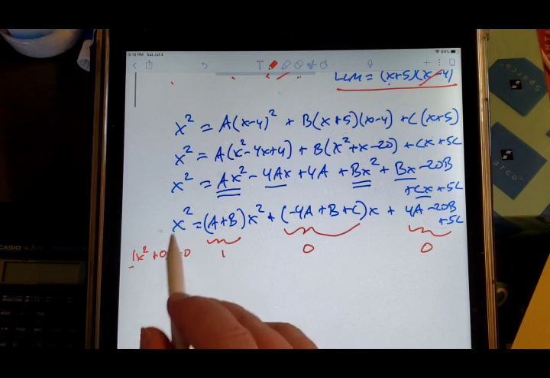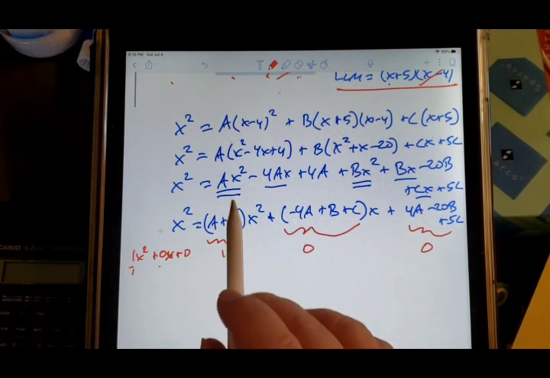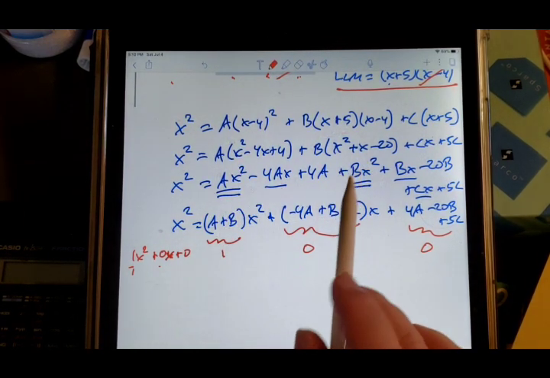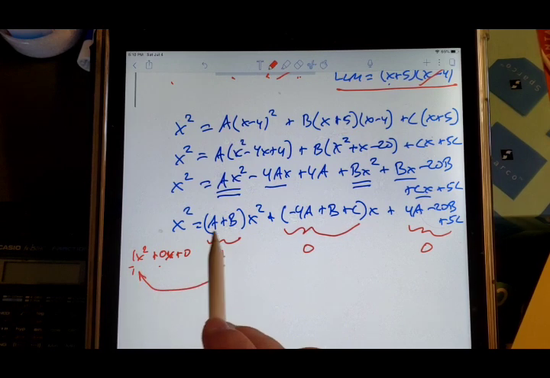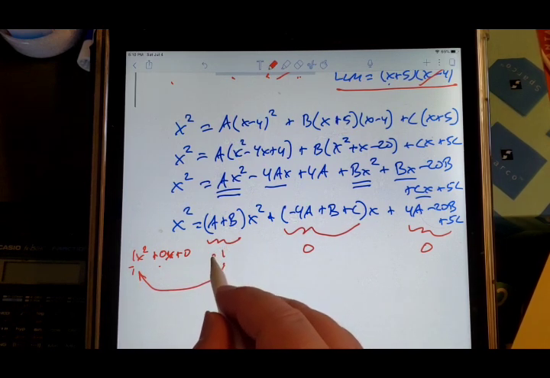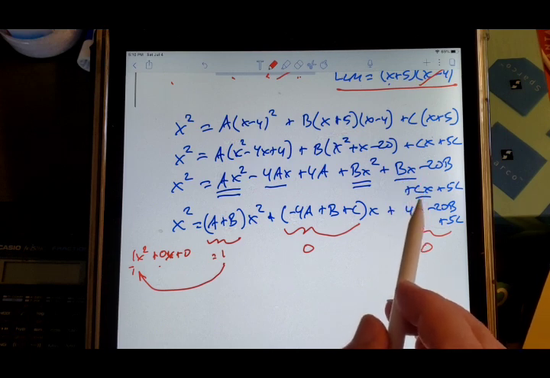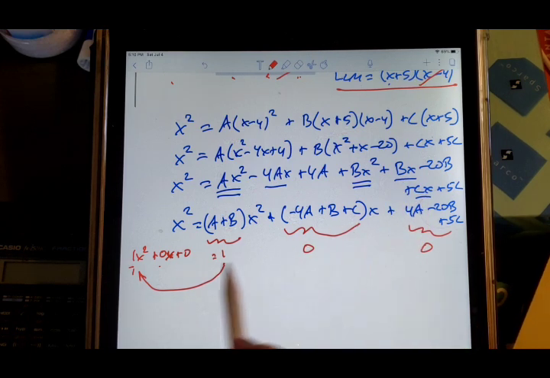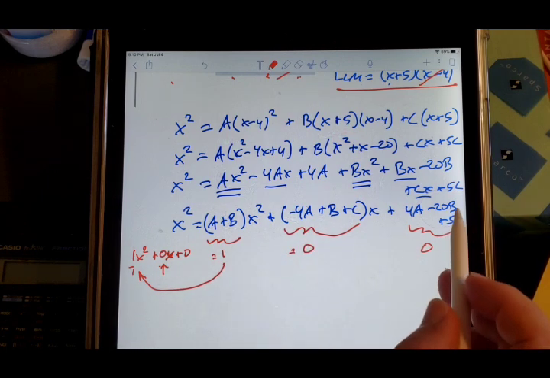So if I think of x squared as 1x squared plus 0x plus 0, that's going to help me give me these coefficients. Rearranging everything here, Ax squared plus Bx squared, I can write it as A plus B times x squared. And looking at the other side, I know that A plus B has to equal 1. Collecting all the x terms, this minus 4Ax, this plus Bx, this plus Cx, putting all those together, looking at the other side, I know that this has to equal 0.